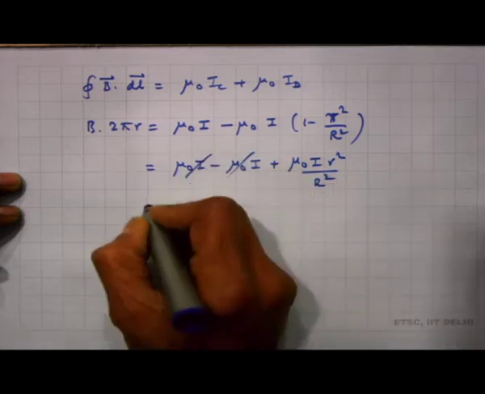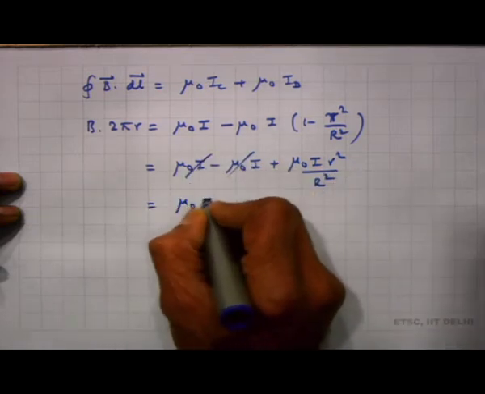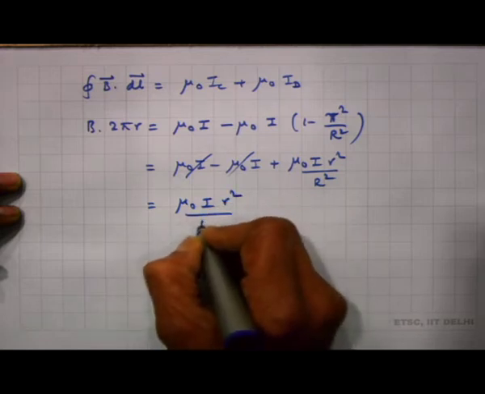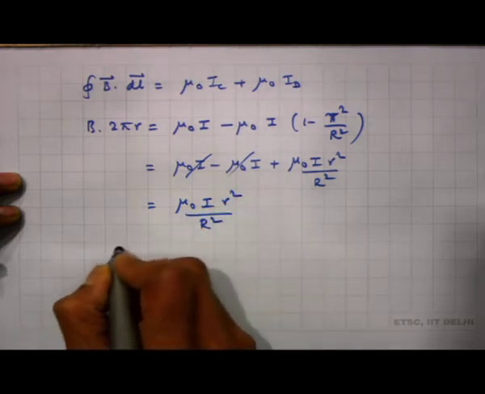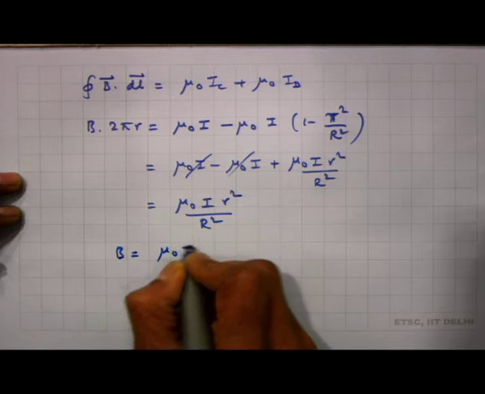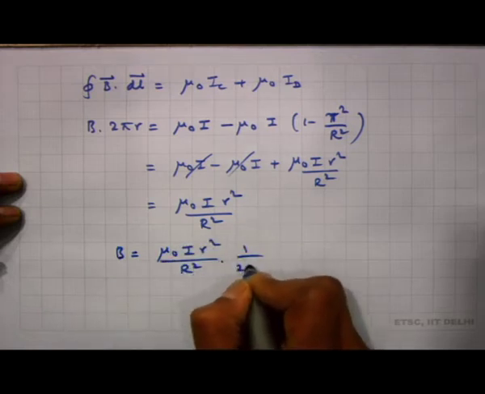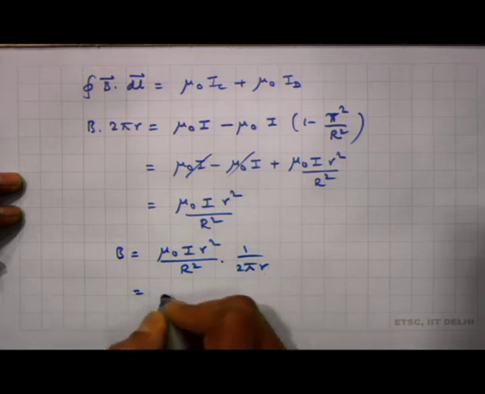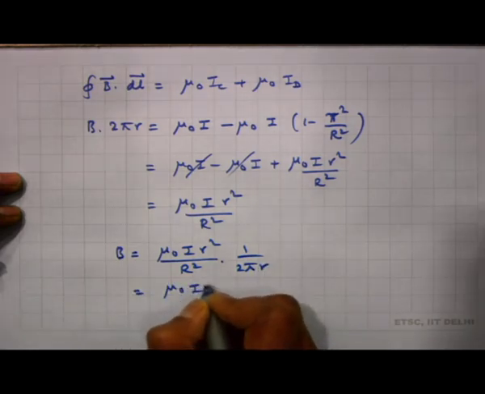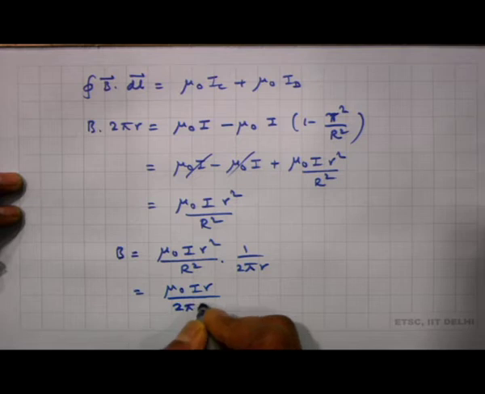So, this cancels off and this becomes equal to mu naught I into small r square by capital R square. So, B becomes mu naught I small r square by capital R square into 1 by 2 pi r, which is equal to mu naught I r by 2 pi R square.